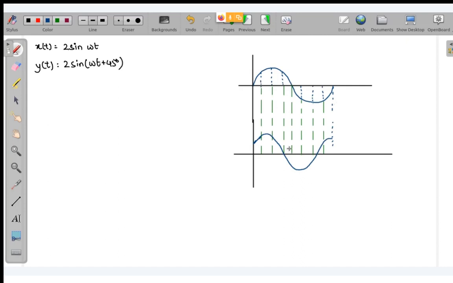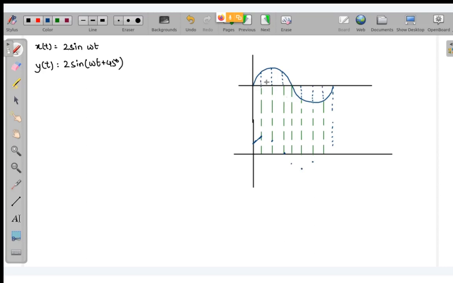The whole signal has to be phase shifted. At this point it is 1 by root 2. Here it will be 1. Here once again 1 by root 2. Here it will be 0. Minus 1 by root 2. Minus 1. Minus 1 by root 2.